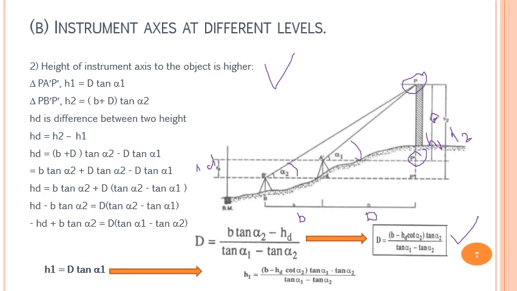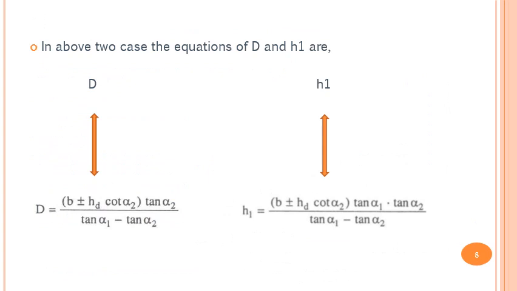Here H1 is equal to B minus HD cot alpha 2 into tan alpha 1 minus tan alpha 2 divided by tan alpha 1 minus tan alpha 2. In the above two cases, these are the equations for D and these are the equations for H1.